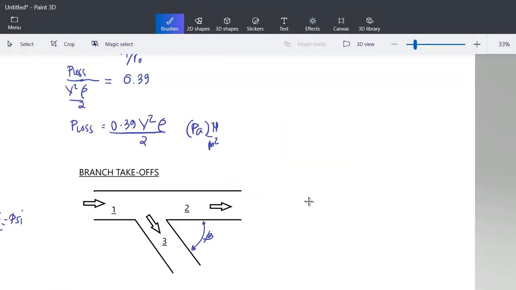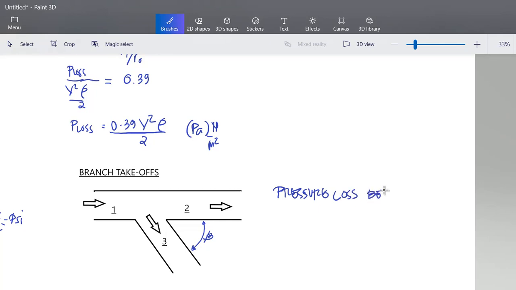Now the pressure loss between point 1 to point 2 is expressed as your P loss.